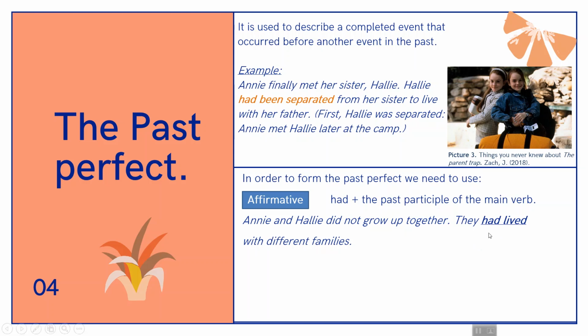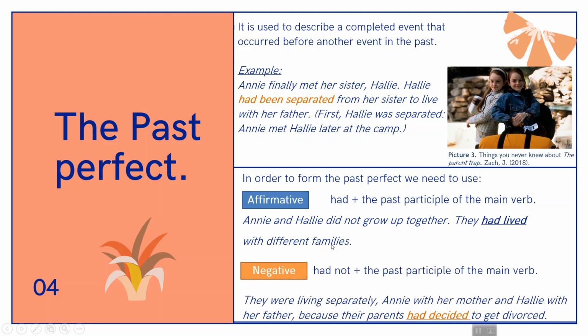Most of the time we're going to need extra information, because with the past perfect we are giving a kind of background. It's extra information about the other event. So they had lived with different families. Annie and Hallie did not grow up together. This is the reason why.